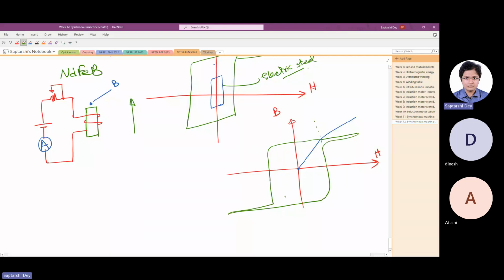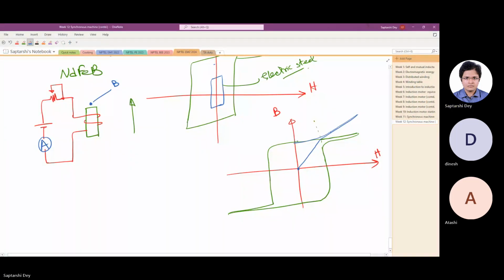Okay. So basically, when you keep increasing the H, on this constant value, something is increasing linearly. So you get a linear curve here. Now when you decrease, it comes by this and resides here.